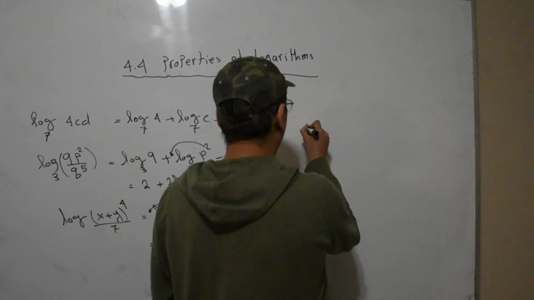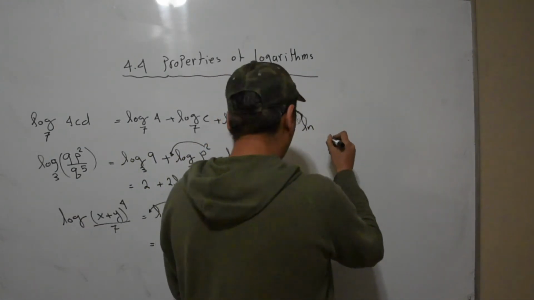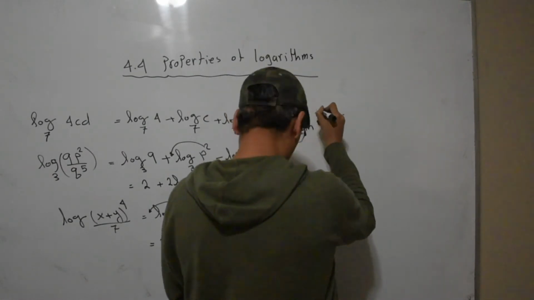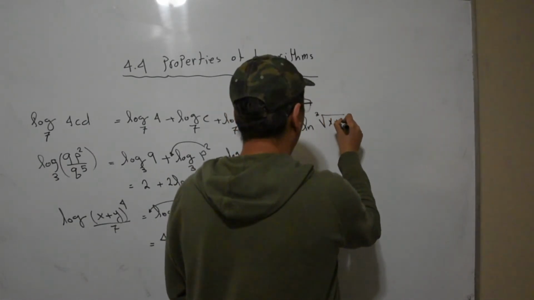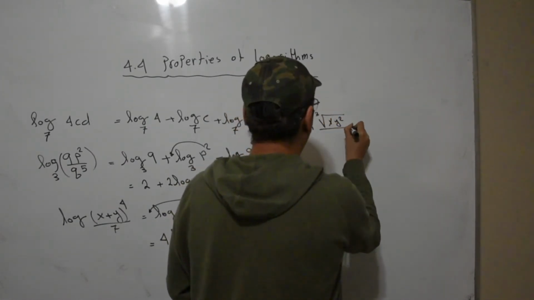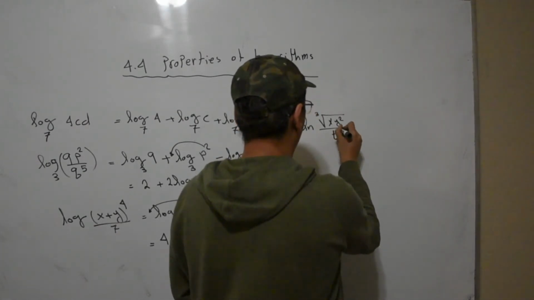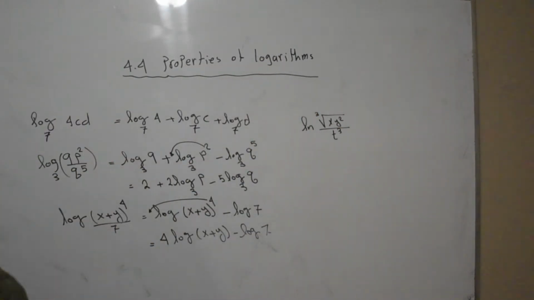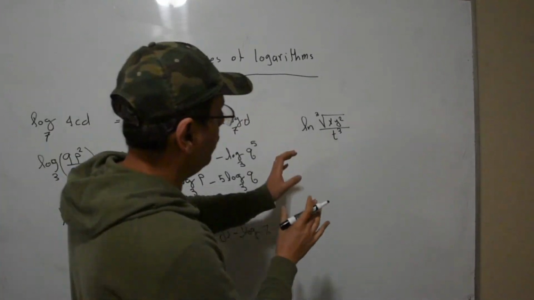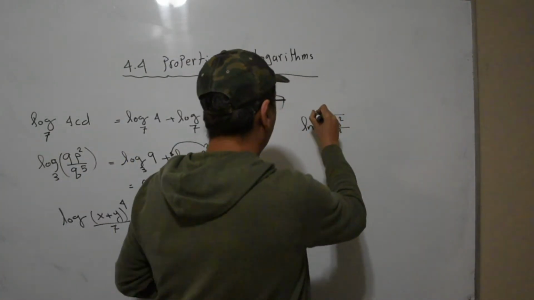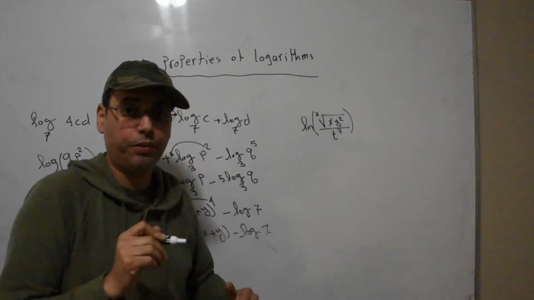I have the natural log of the cubed root of xy squared divided by t cubed. Okay, so let's think about that here. All of this is the argument.